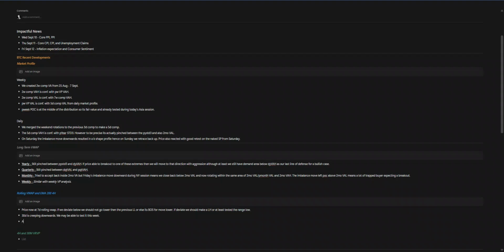All in all, the 90-day is still a strong resistance, so expect another rotational week between the 7-day and 90-day.